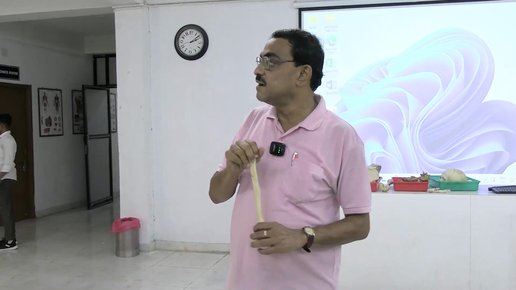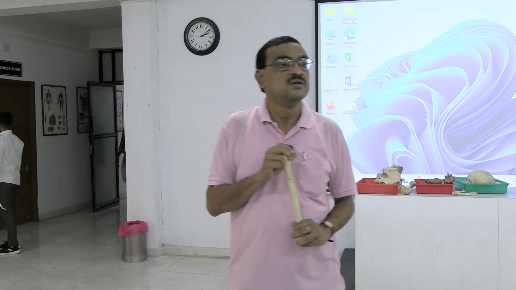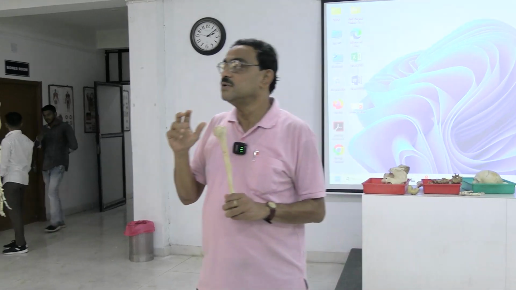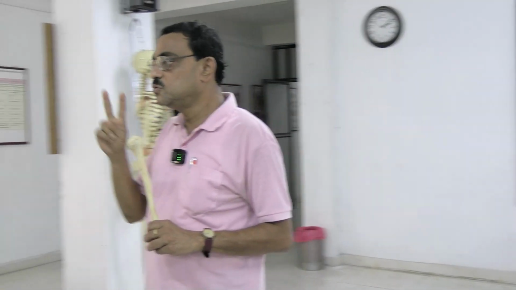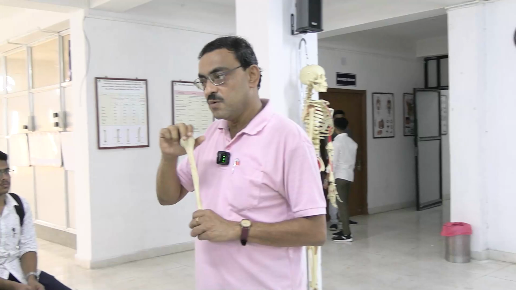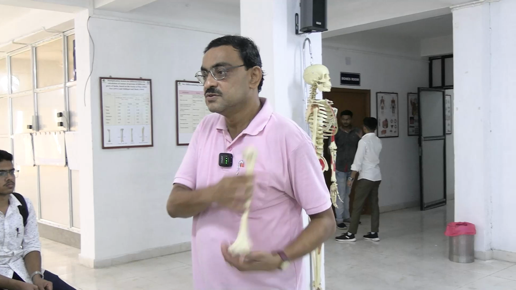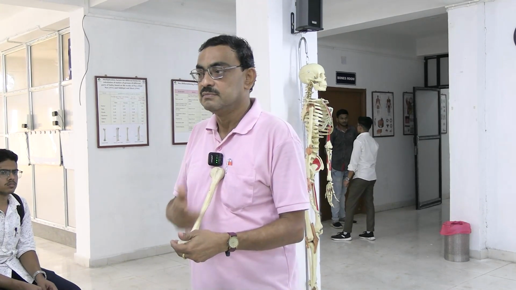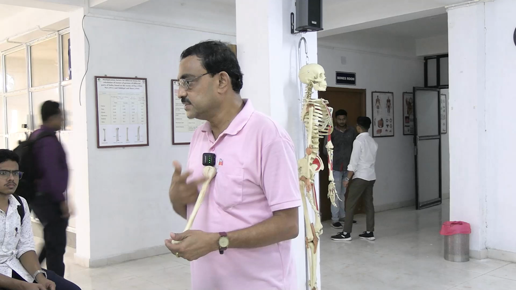Now this is the end. In a long bone, there are two ends. One is the upper end and one is, because it is hanging like this, the lower end, and the intervening body or the shaft.